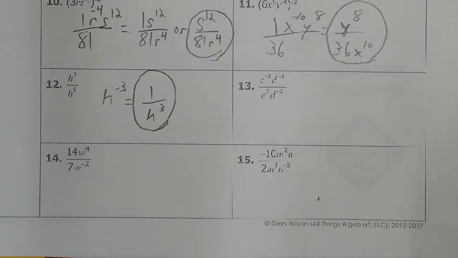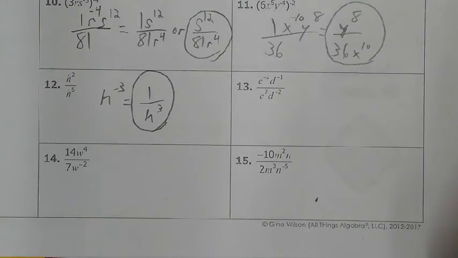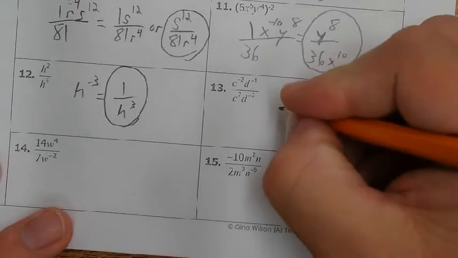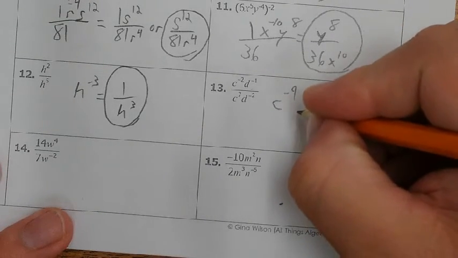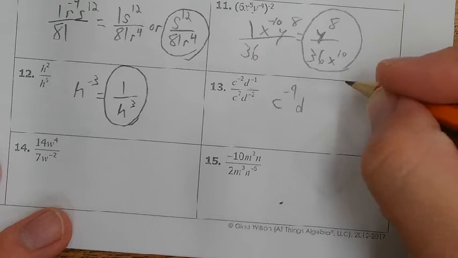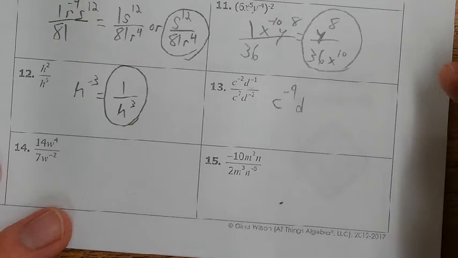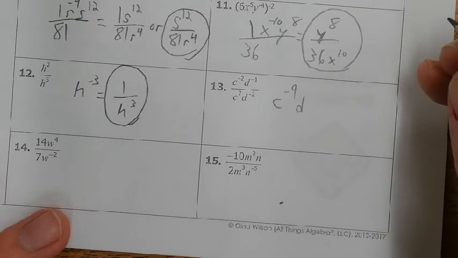So we use the same concept on 13. What would that look like? What's negative 2 minus 7? Negative 9. So now we have c to the negative 9 power. And d, what's negative 1 minus negative 2? Negative 3.